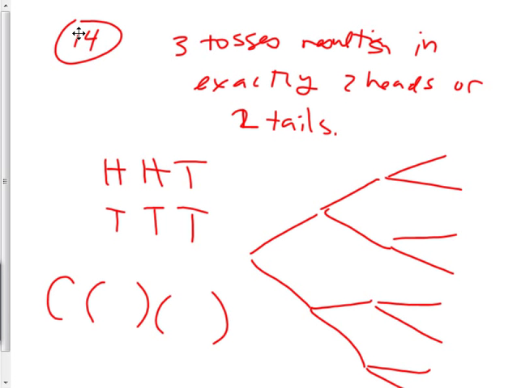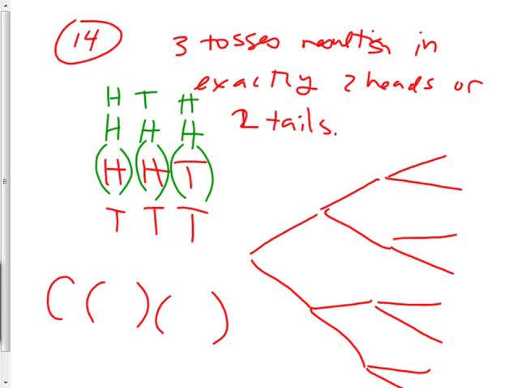First of all, I could make a list of all of them. And how many are there? Well, there's two choices for this, two choices for this, and two choices for that. I'm multiplying them all together, and I get 8 total things that could happen. So I've got a list of the first two here. I'm going to go some more. Heads, heads, heads, of course, is an option. Heads, tails, heads. Tails, tails, heads. I already had tails, tails, tails, so that one won't work.